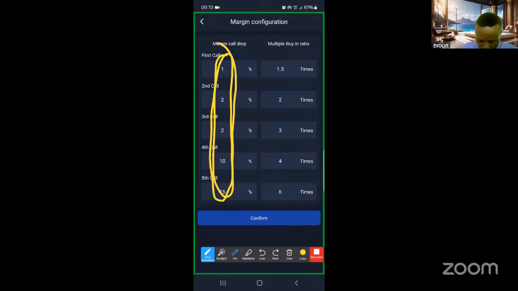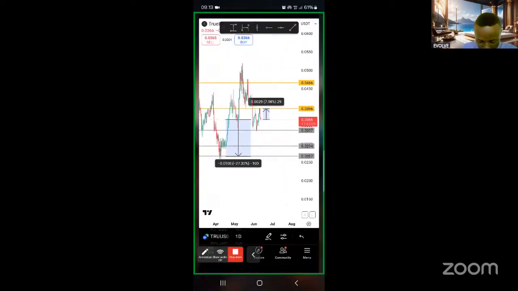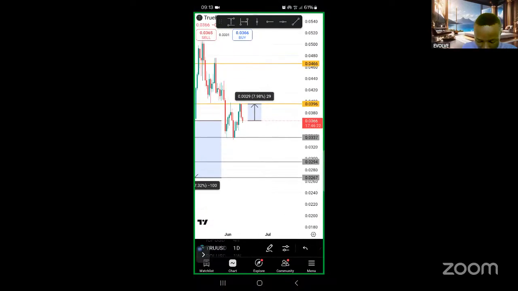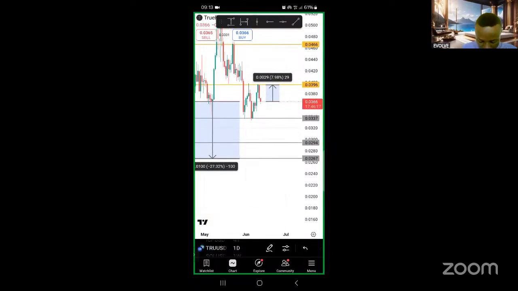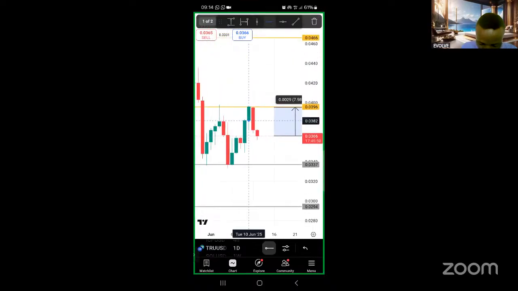By the way, you can do this. You see these support lines can become your drop percentage. What do I mean? From the current price, which is this one, down. Let's use, I think there is a line here. Let me add it.